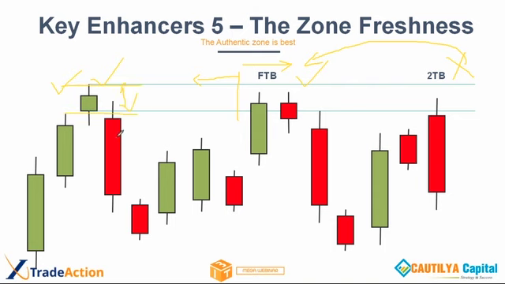Three times my risk is my target. 1, 2, 3. Price came here, no? 1:3 you got, right? Why are you telling me I didn't get 1:3? It's more than 1:3. It's 1:4 also.